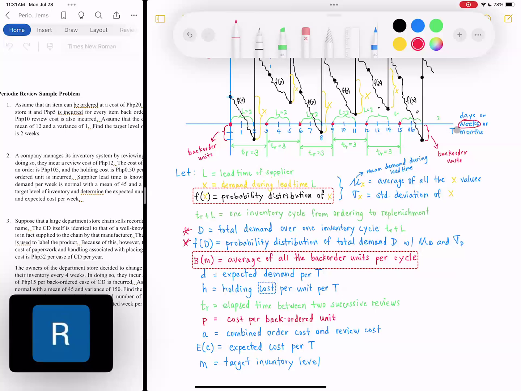So if your capital T is in terms of days, your TR should be in terms of days.